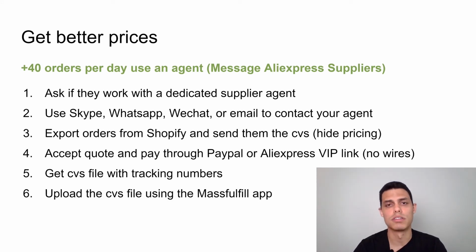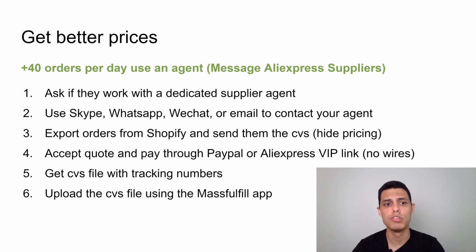So you are 100% sure it's someone they know, like your representative within the same country. So it's kind of like that, okay? This agent is going to be contacted by Skype, WhatsApp, WeChat, or email. That's going to be your medium to contact them.